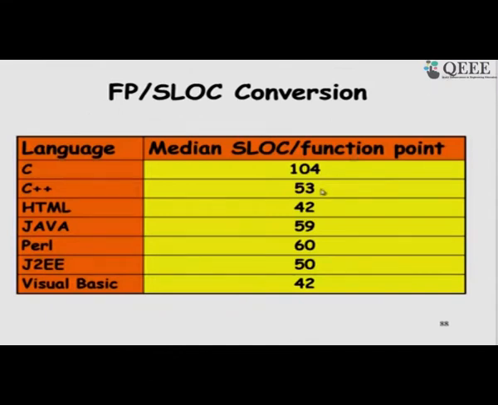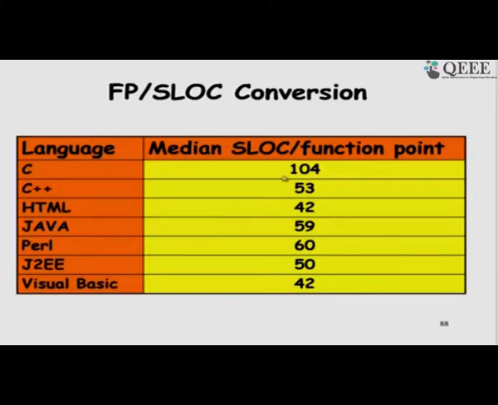But then can we have some way to convert function point to lines of code? There has been a lot of research, a lot of publications available on experimental observation regarding how many lines of code one function point transforms to.